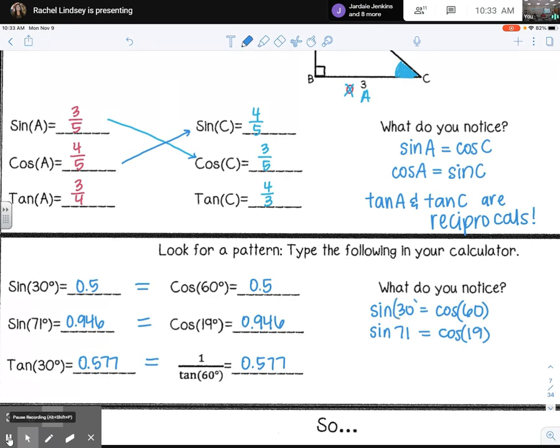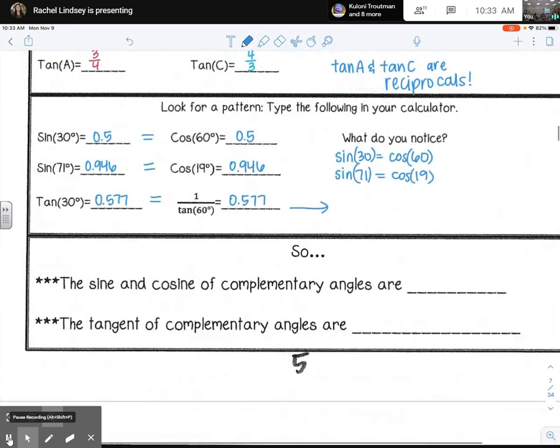That's basically what we noticed, and those two equal each other. Because they're complementary angles, yes. So the sine and cosine of complementary angles are always equal, and the tangent of complementary angles are always reciprocals.